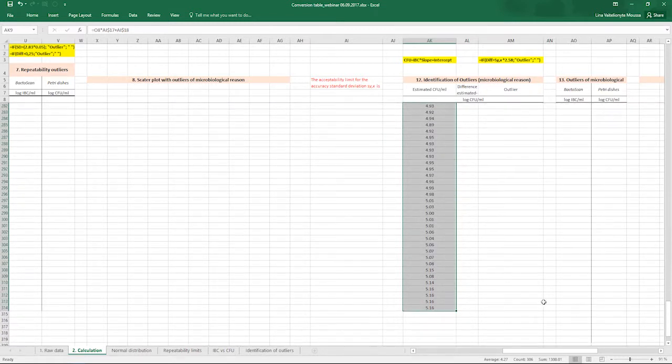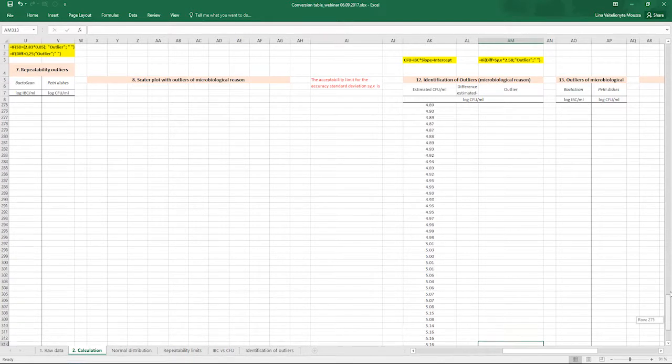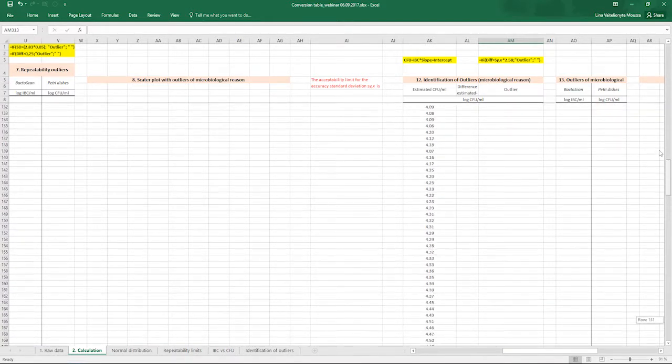And here you have calculated estimated CFU per milliliter.